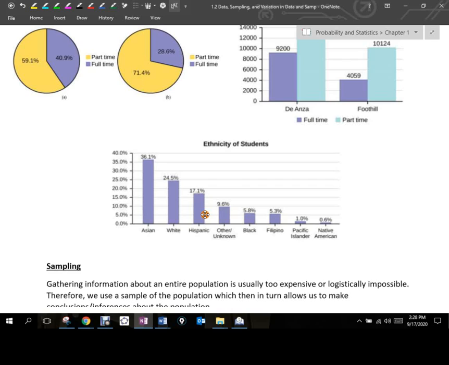Looking at that right away, without even looking at the numbers, let's say we're talking about the ethnicity of students at a certain university, there are more Asian students than any other ethnicity, and there's a drastic difference we can see between Asian and Native American. Does that make sense? So a Pareto chart is designed to give that initial ordering for the observer.